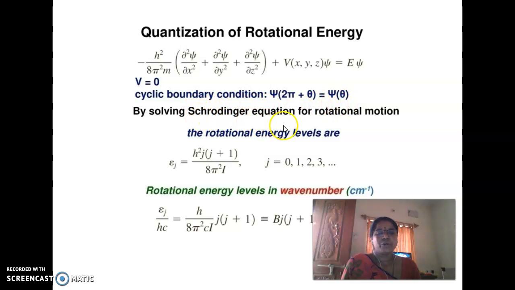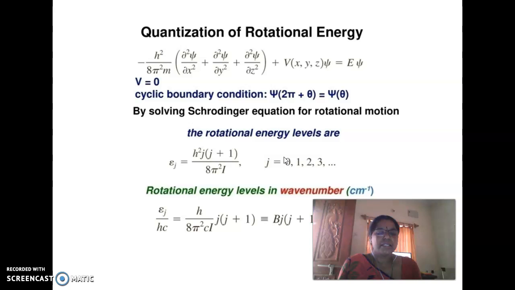By solving the Schrödinger equation for the rotating molecule, you can get the rotational energy levels. If you have interest, please try it on a separate paper. Finally you get epsilon of J is equal to h square into J of J plus 1 by 8 pi square I. What does J stand for?